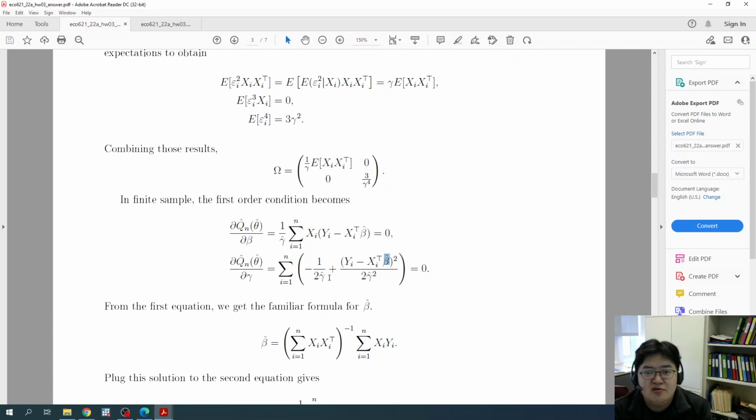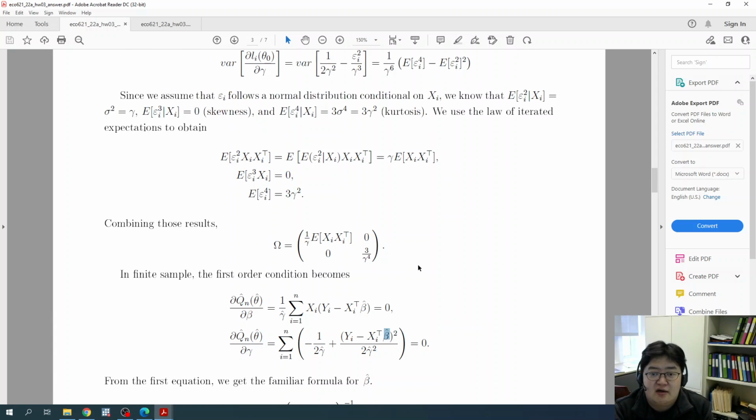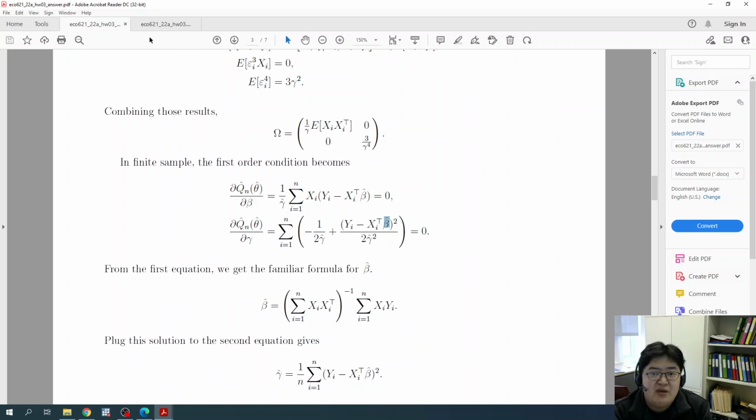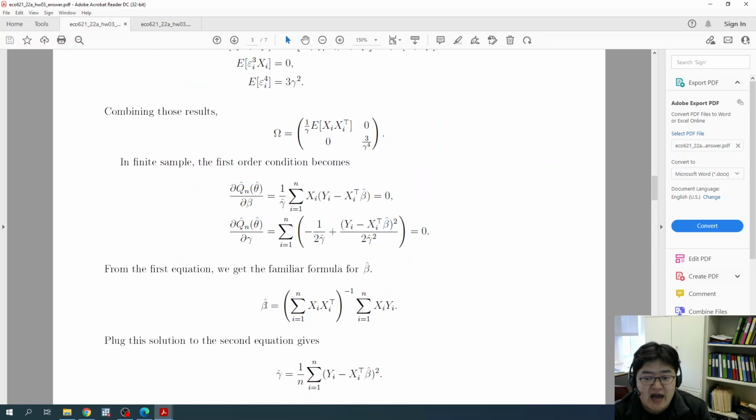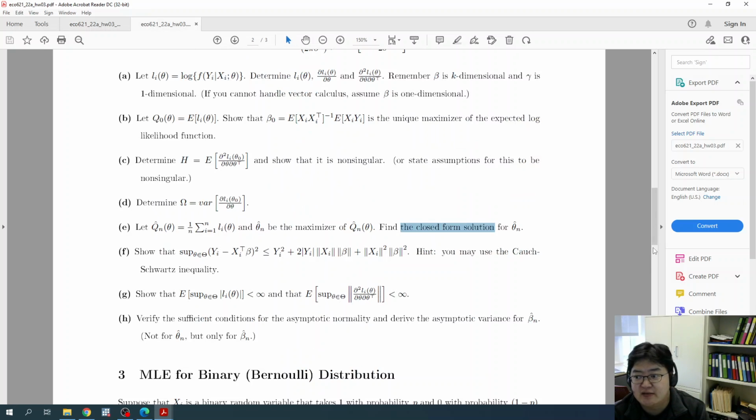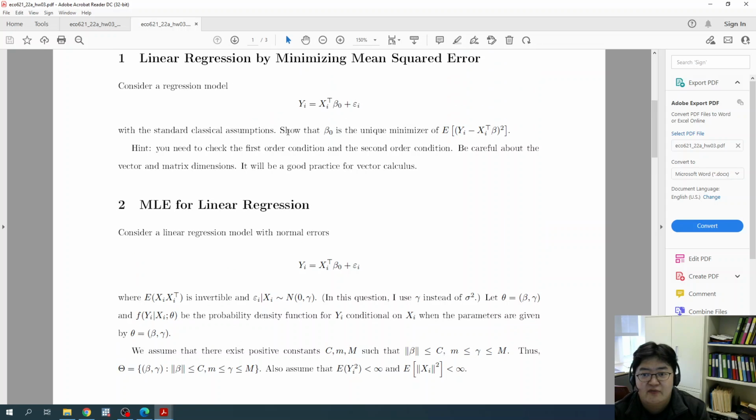Some students in the past have asked me what a closed form solution is. Closed form solution means that we want to write the answer equals something. Like if you solve for x, I want to say x equals something, right? That is the closed form solution. For example, if you say that beta 0 is the minimizer of this, that is not a closed form solution.